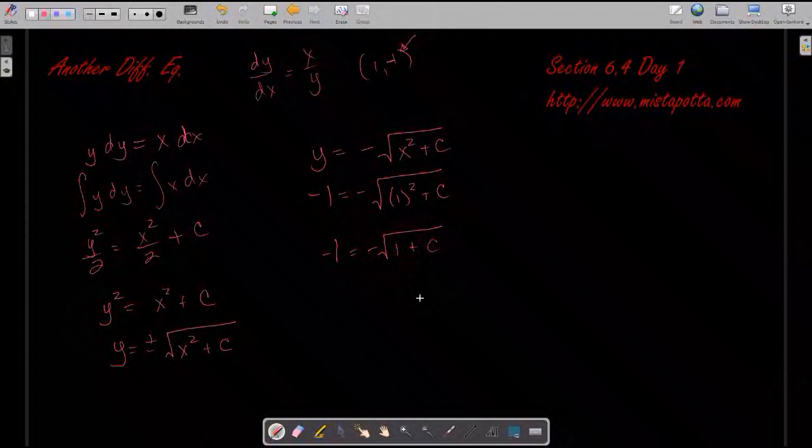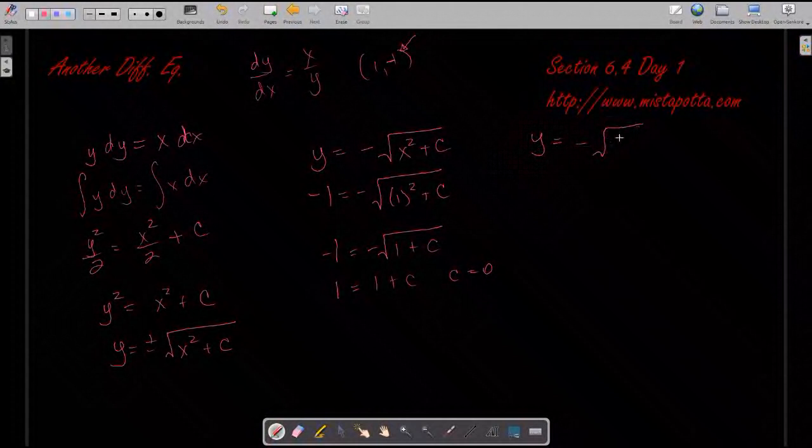And I can square both sides, and I get 1 equals 1 plus c. And so c in this case must be 0. And so my function ends up being y equals negative radical x squared, or another way to write that would be the negative absolute value of x.